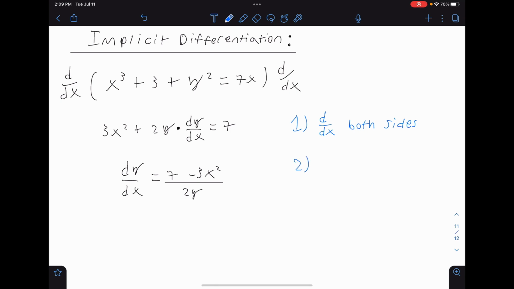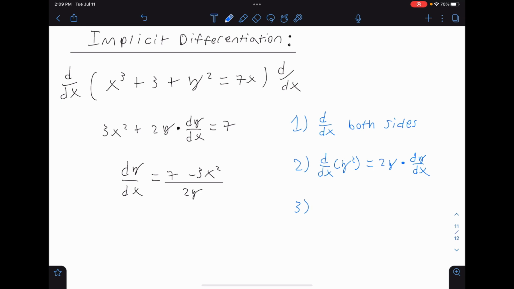Step 2, you take the derivative of the y term. As an example, y squared. And when you take the derivative of the y term, you must multiply the y term by dy over dx.